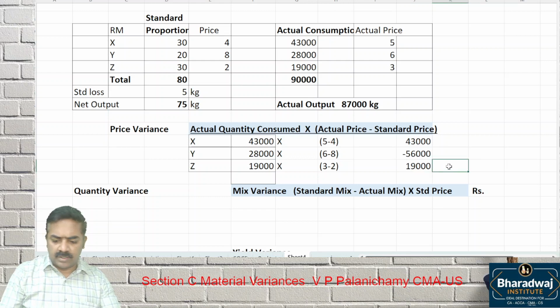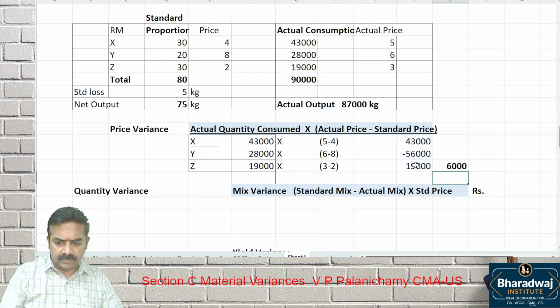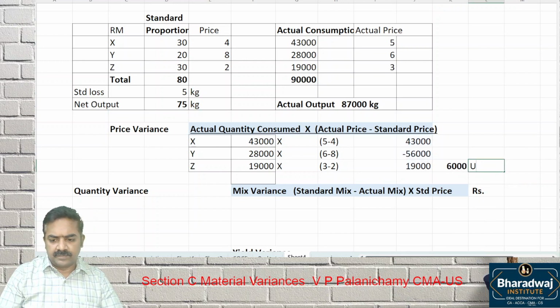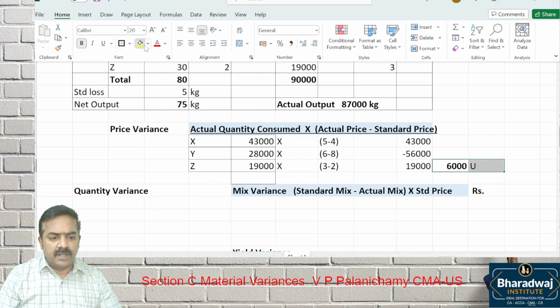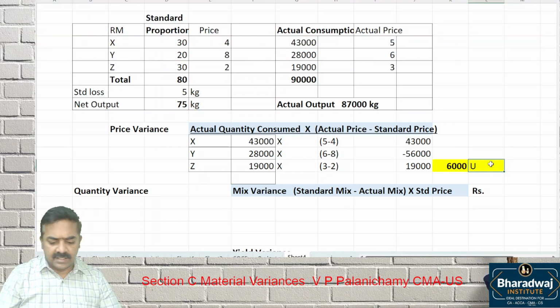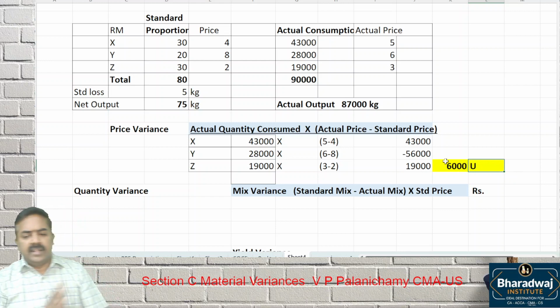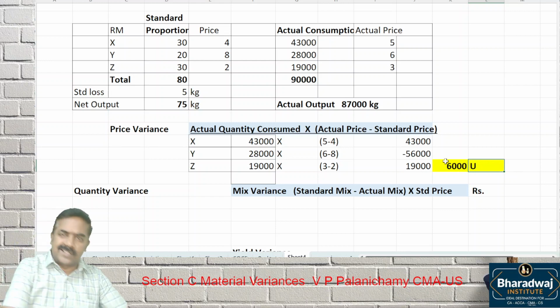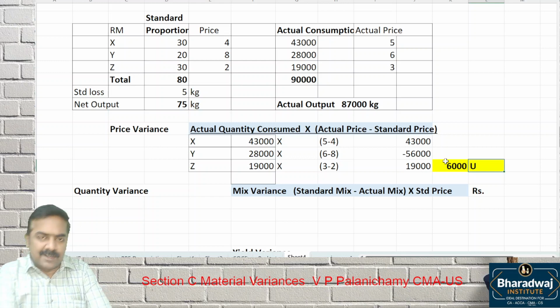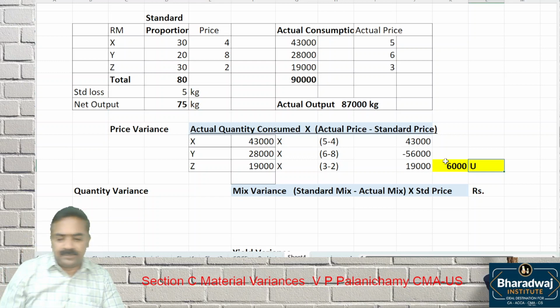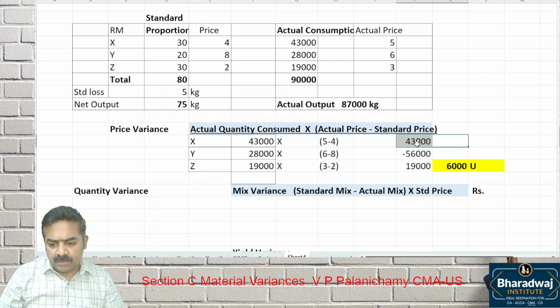So the net amount is unfavorable. Why is it called unfavorable? When you spend more, it is called unfavorable. In Indian terminology we use the word adverse; in US terminology they use the word unfavorable. We spent more, 43,000 and 19,000. In one material we saved, so the net is unfavorable.